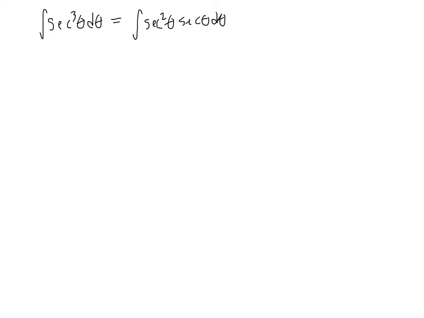For that, I'll let u equal secant of theta, giving me du is secant theta tan theta, and dv will equal secant squared theta, giving us v equals tan theta.